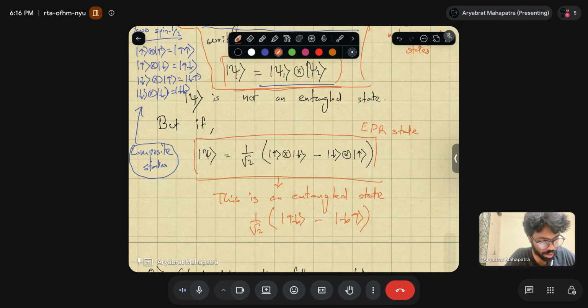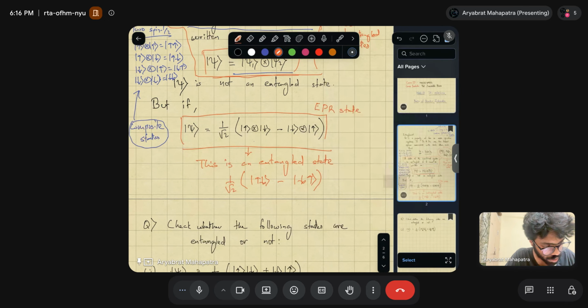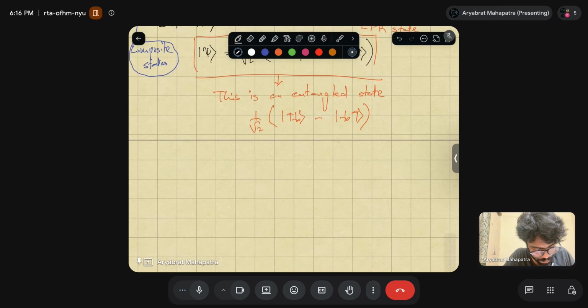It means, just let me create some space. Measurements on entangled state.